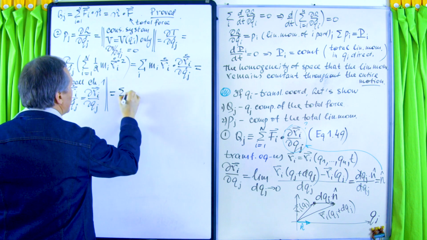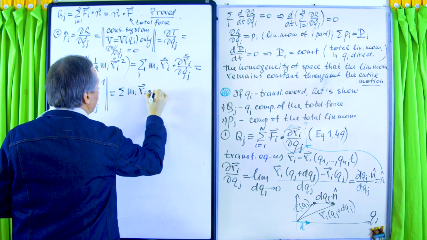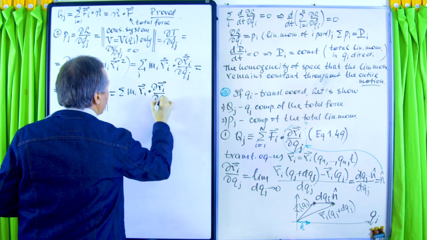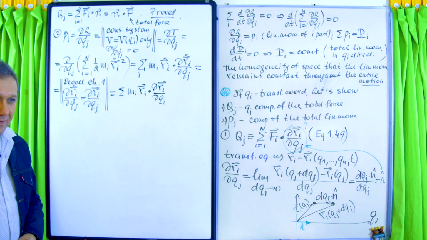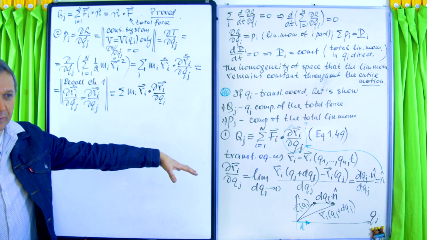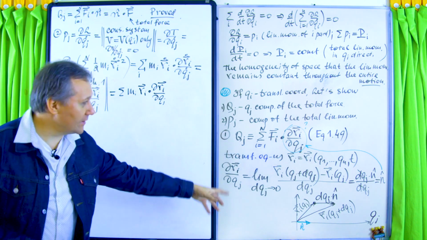So it will be the summation of m_i r_i dot, dotted with the partial derivative of this with respect to q dot. At this point, we can recycle results from the first part. That's why I started with generalized force, because we needed these results.